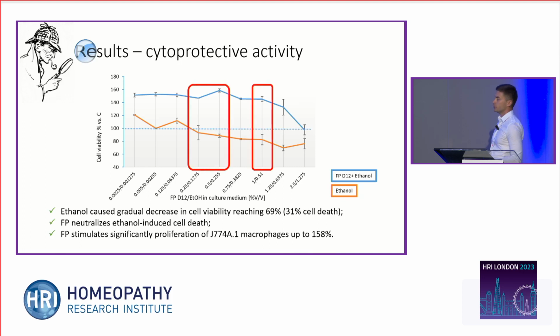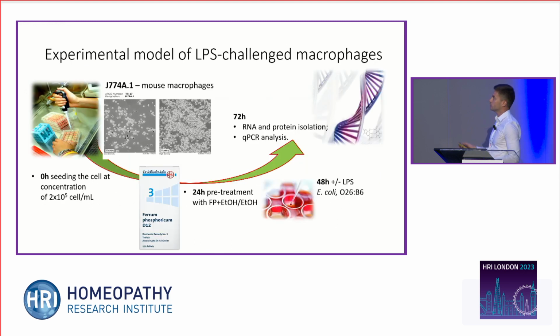And then here are the 3 concentrations we picked for the second part of the experiment, which was the model of LPS-challenged macrophages. The same steps, with slight differences, of course. We see the cells in the same concentration.